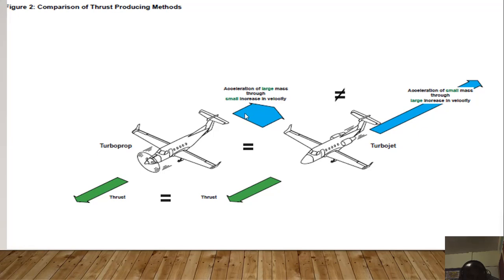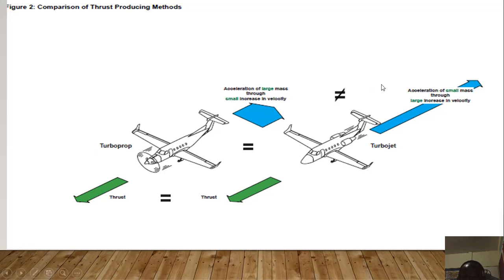Thrust producing engines, for example turbojets, involve acceleration of a small mass through a large increase in velocity. You have a small mass, but you accelerate it to increase its speed by a large percentage.